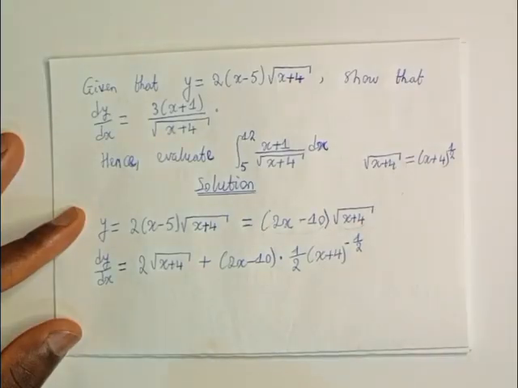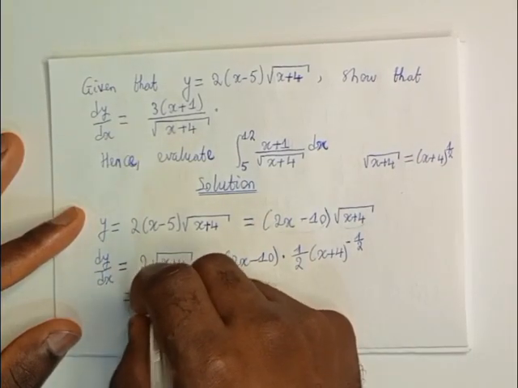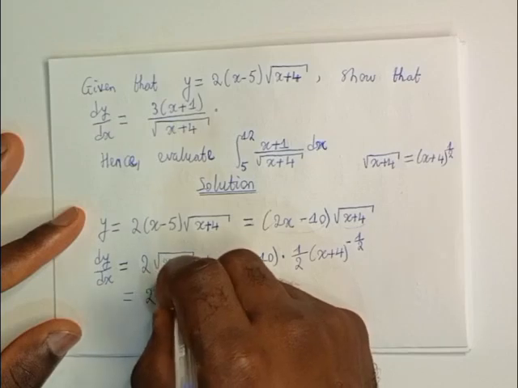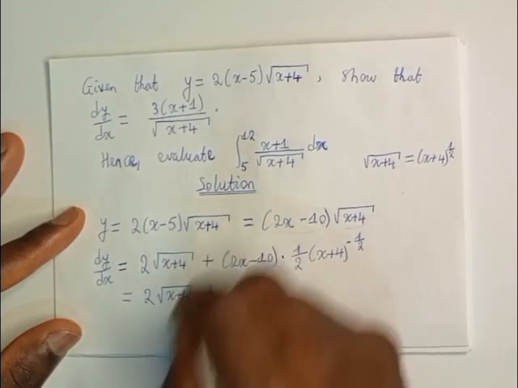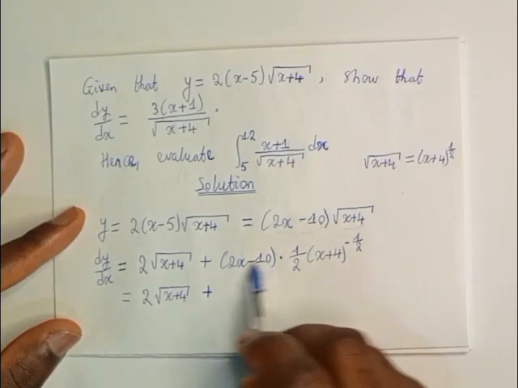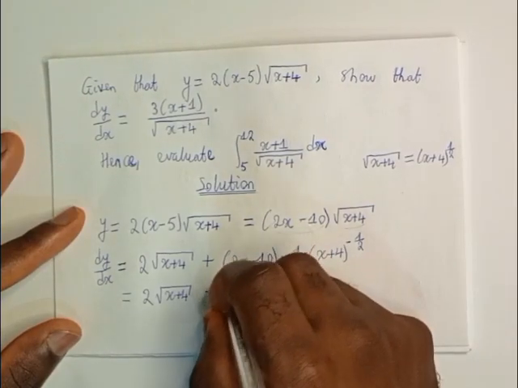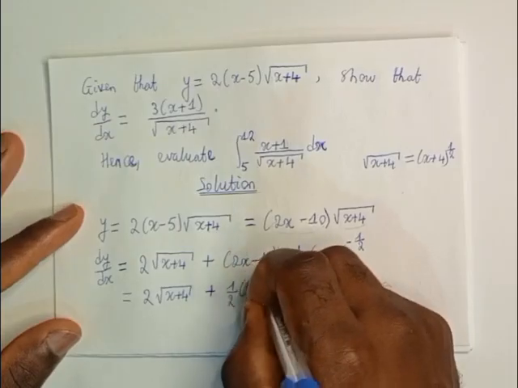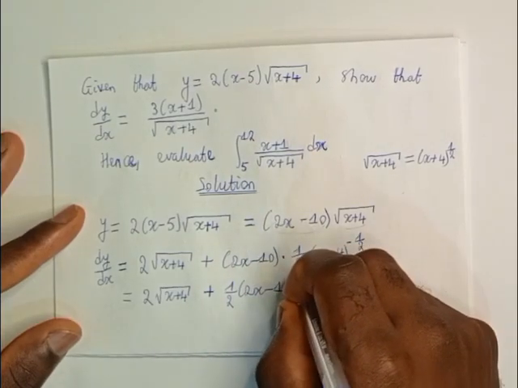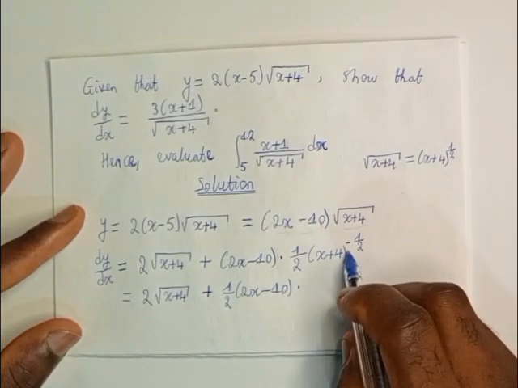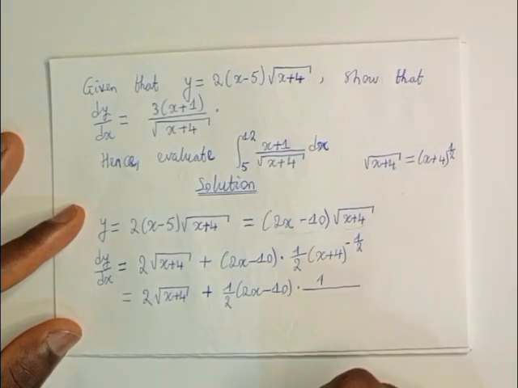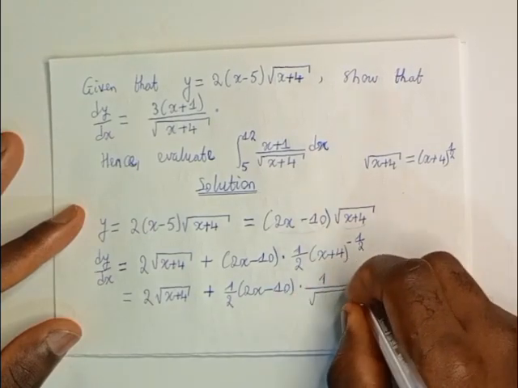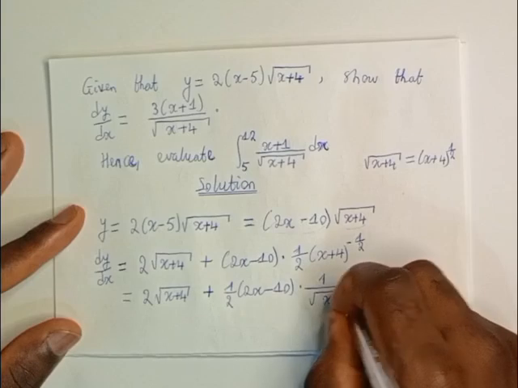As such, this will simply be equal to 2 root x plus 4, plus, we are going to send out a half times 2x minus 10, times, we send this down, 1 all over x plus 4 raised to the power half, which is the same as the square root of x plus 4.